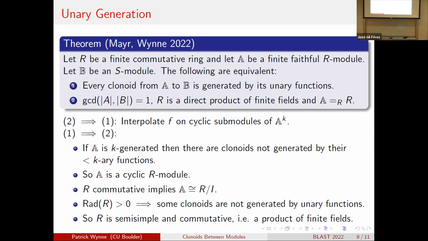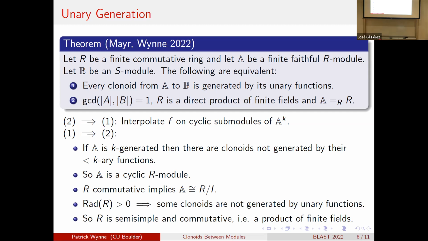So then we reduce to the case where the Jacobson radical is 0. We're working with finite modules here, so we don't have to worry about Artinian or Noetherianness or anything. We get that all for free. And so we get that R has to be semi-simple and it's commutative, so therefore it's just a product of finite fields. And then the algebra A is just the regular module over this product of finite fields. So this answers the question, when is unary generation enough for clonoids, at least in the commutative ring case. And so there's the answer.